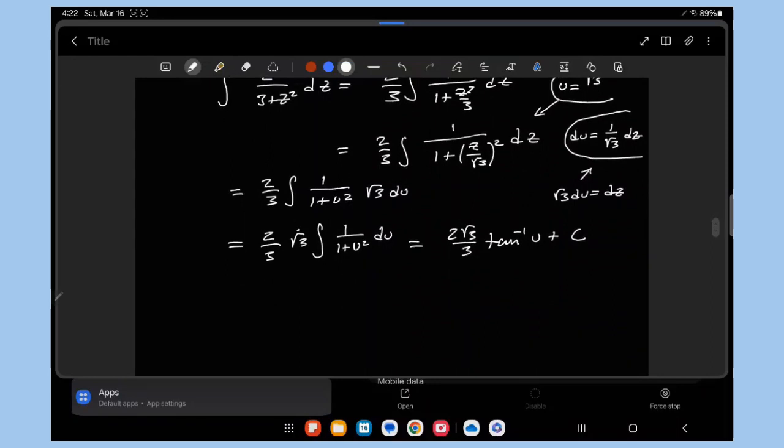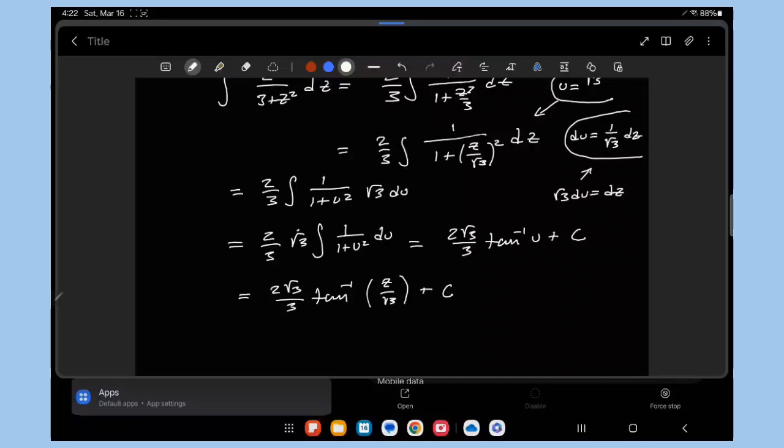But then u, remember, is z over the square root of 3. So we get 2 square root of 3 over 3 inverse tangent of z over the square root of 3 plus a constant of integration.